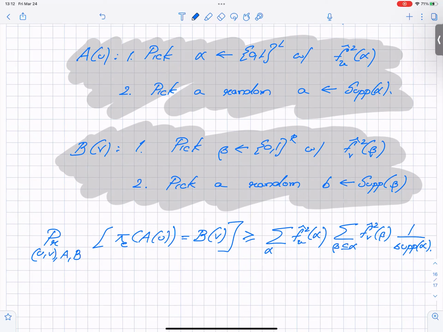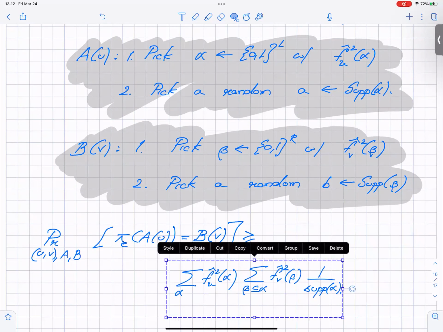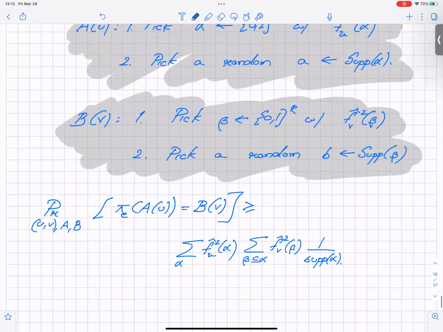This is randomized over there, then there's an expectation on this. Do you buy this? This is for that particular edge.